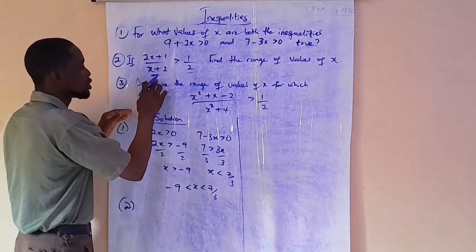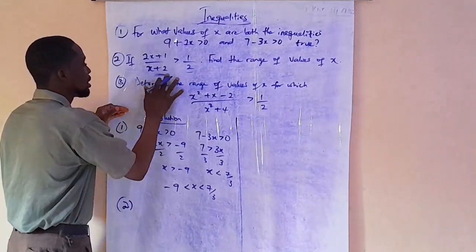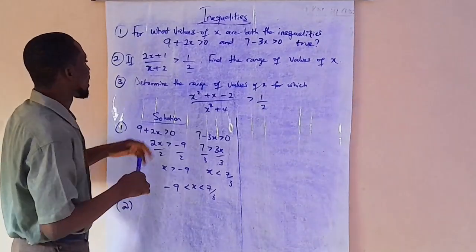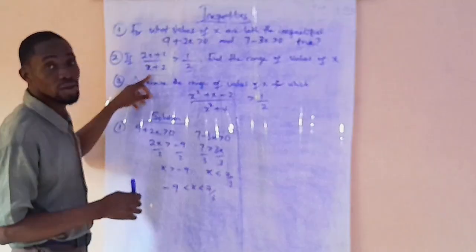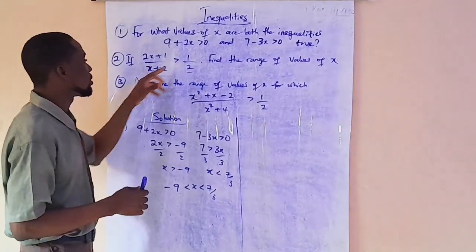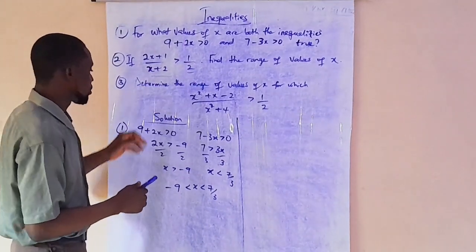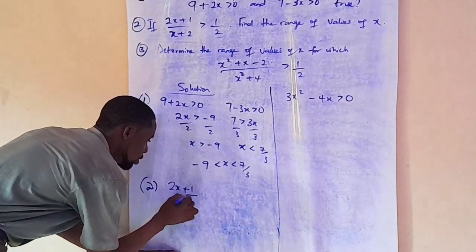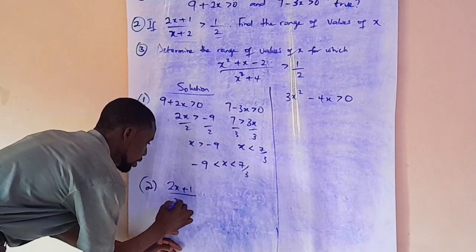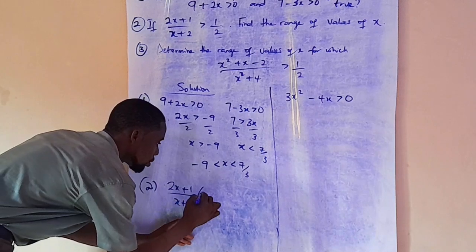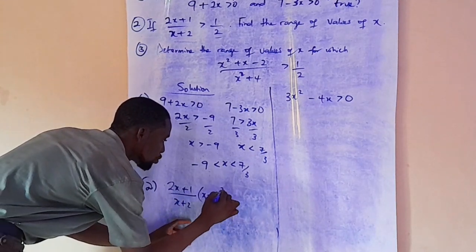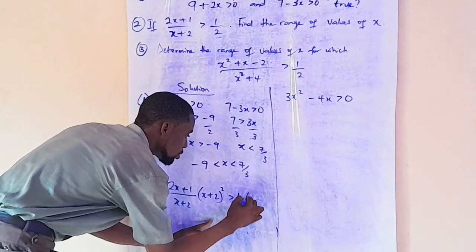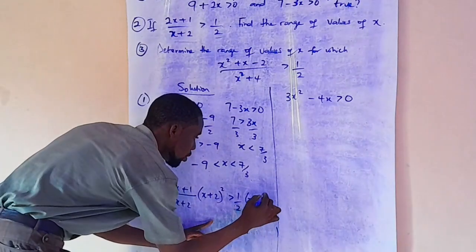If your denominator is a factor, the best way is to multiply both sides by the square of this. Multiply the right hand side by the square of this to get 2x plus 1 over x plus 2 into x plus 2 all squared, greater than 1 over 2 into x plus 2 all squared.